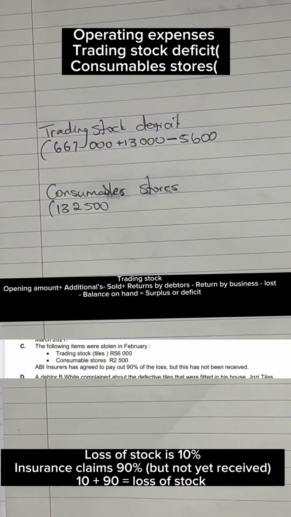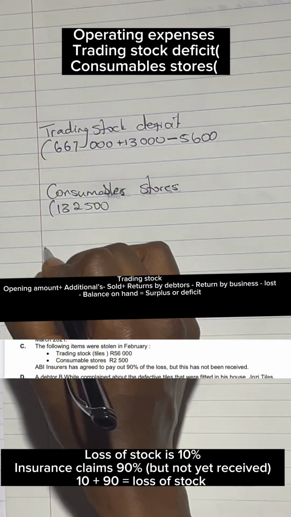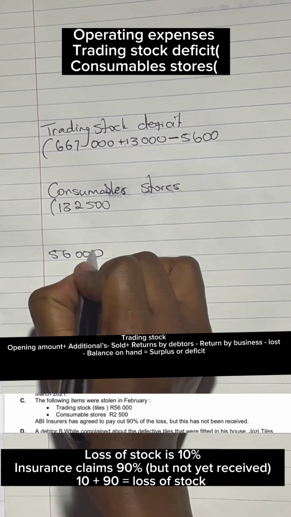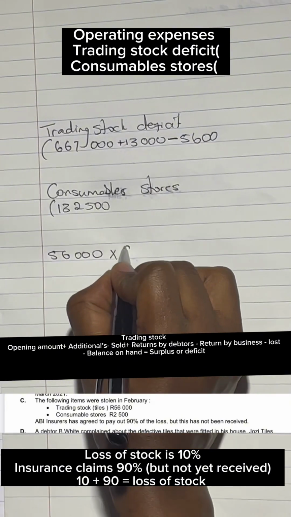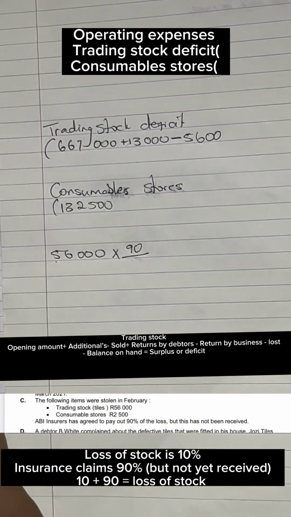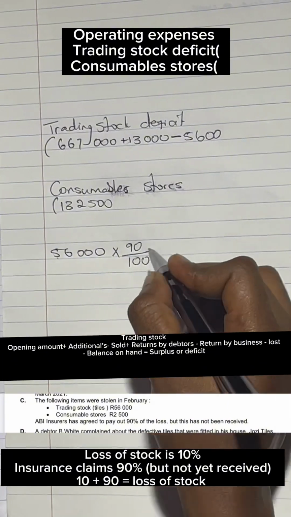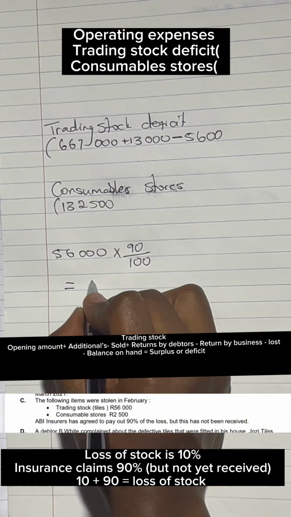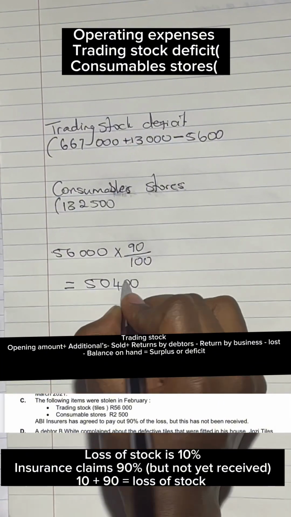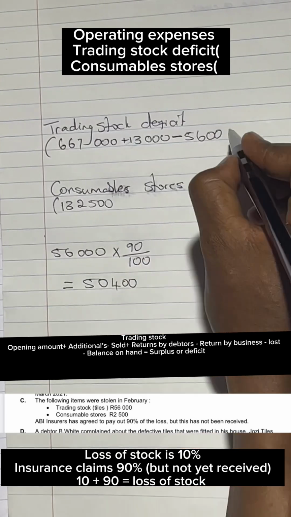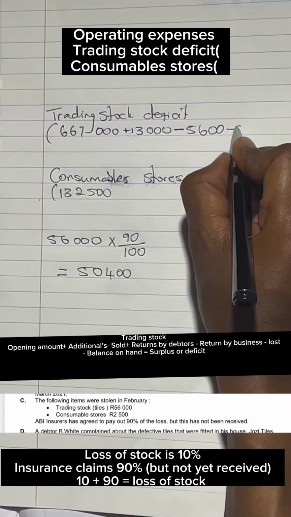We calculate 56,000 for our trading stock multiplied by the 90% that we are expected to get, divided by 100, and we are expecting to get 50,400, but it has not yet been recorded. Then it's minus 50,400.